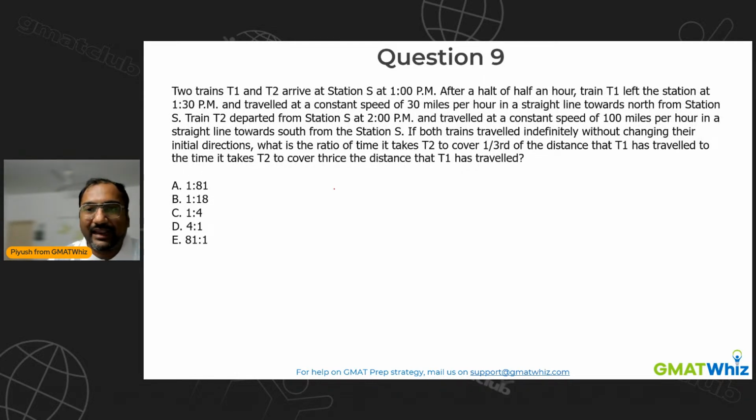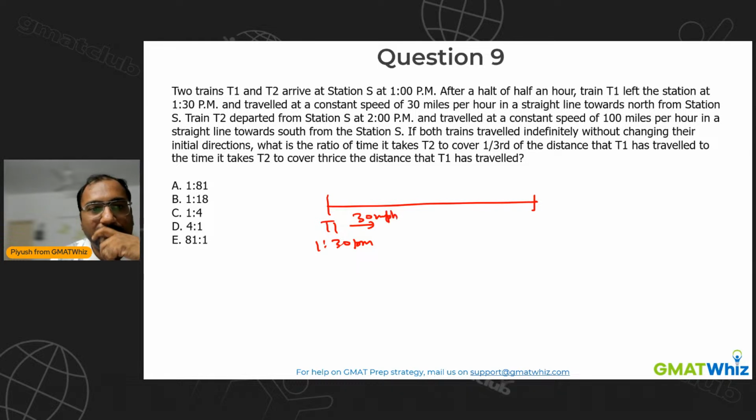So if I write down the equations properly, I know that train 1 left the station at 1:30 p.m. and it was running at 30 miles per hour. And train 2 left the station at 2 p.m. and it was running at 100 miles per hour.